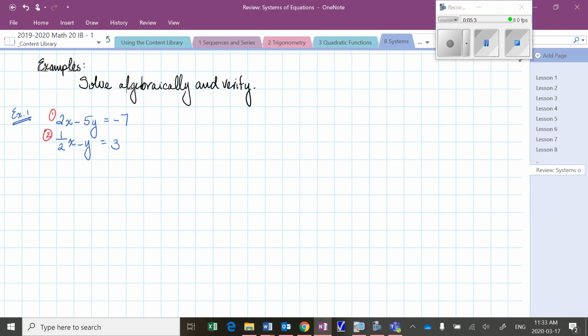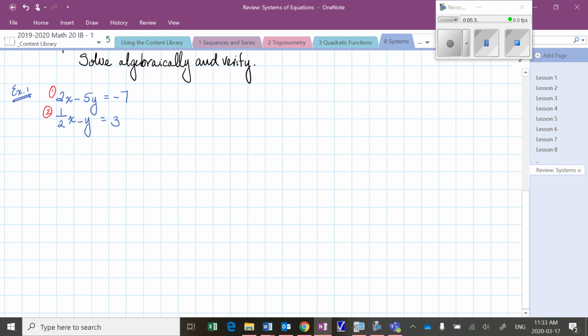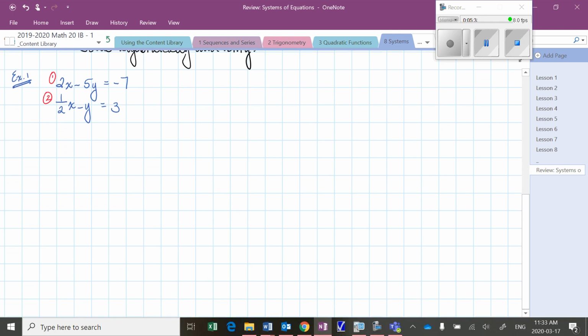Not that 1/2 is difficult to deal with, but let's just show what we can do with this. I recognize that if I was to multiply equation 2 by 2, then my coefficient of x is just 1, and that makes life a lot easier to substitute. So let's do that then. We're going to take equation 2 and multiply it by 2.